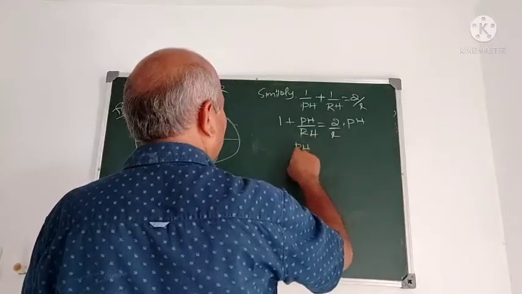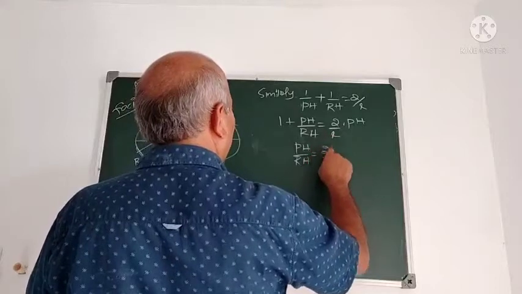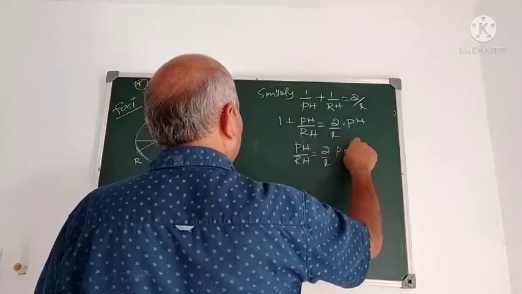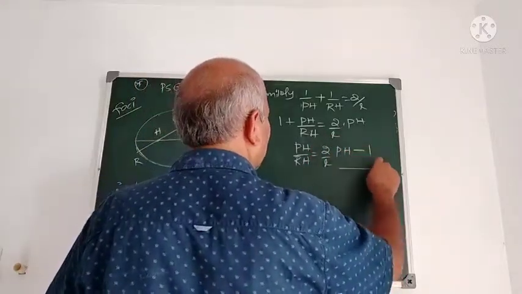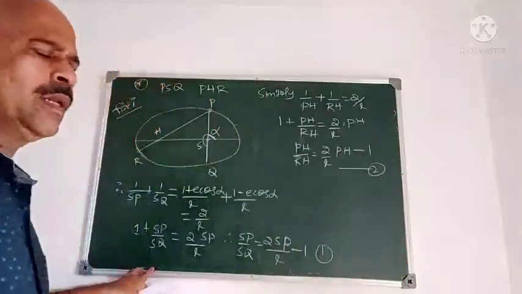Therefore, PH upon RH is 2 by L PH minus 1. This is 2.